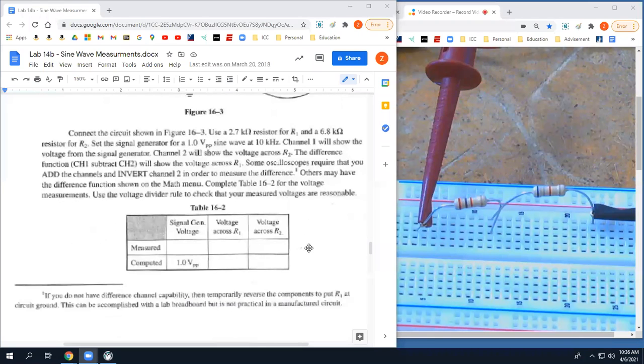Set the signal generator for 1 volt peak to peak, the sine wave at 10 kilohertz. Okie dokie.